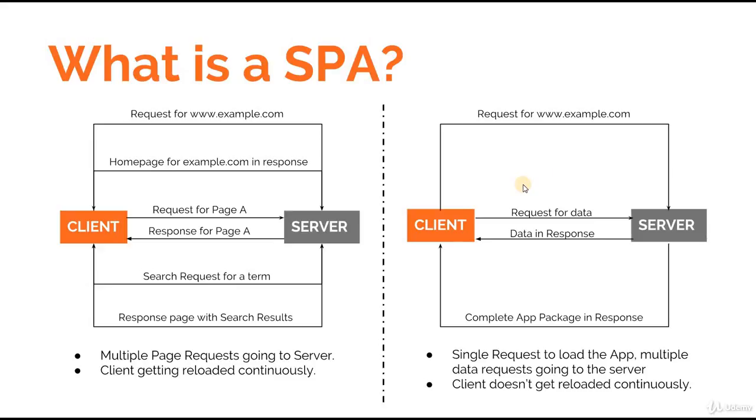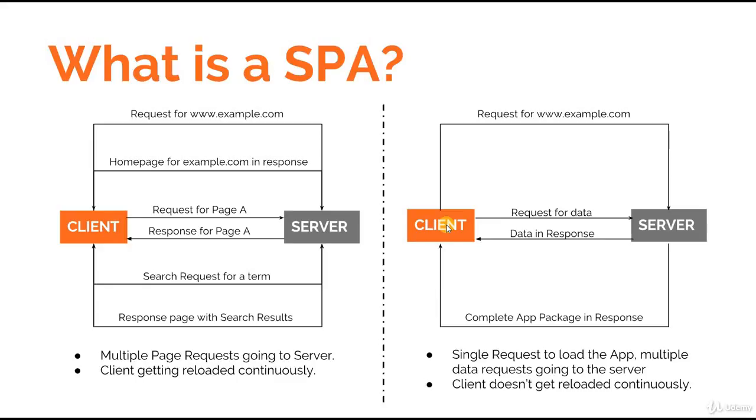Whenever a new route is reached, a new view is rendered onto the client. Okay, there is a parent view, and that parent view loads a child view that the user has requested based on the route that the user has reached.